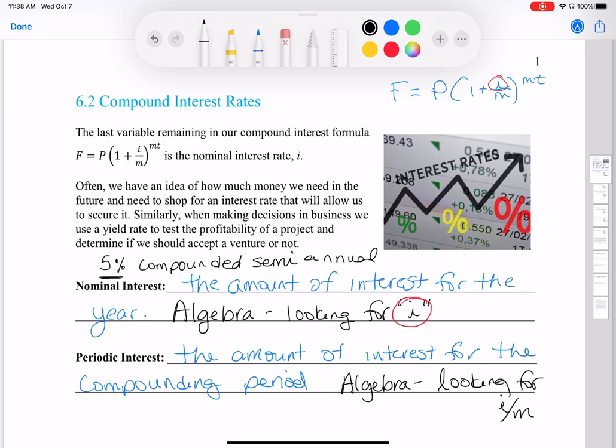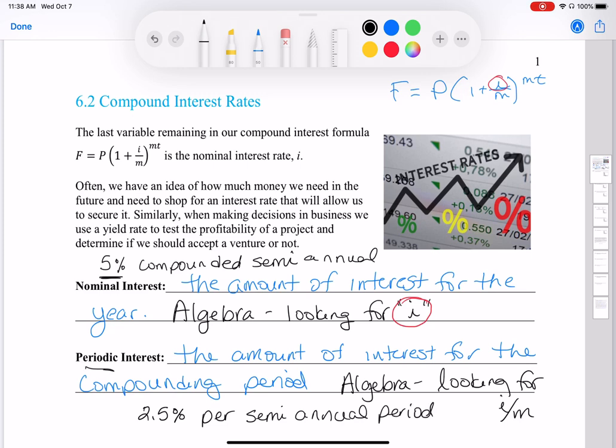So we're solving for the little piece of the interest for that compounding period. So if I look at this 5% semi-annually, the I over m would be 2.5% per semi-annual period, or every 6 months.